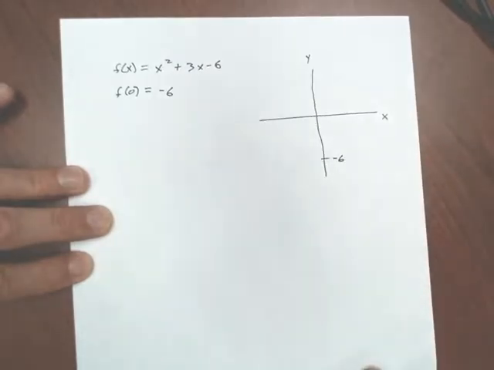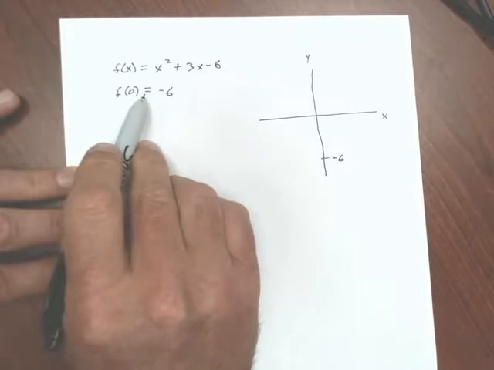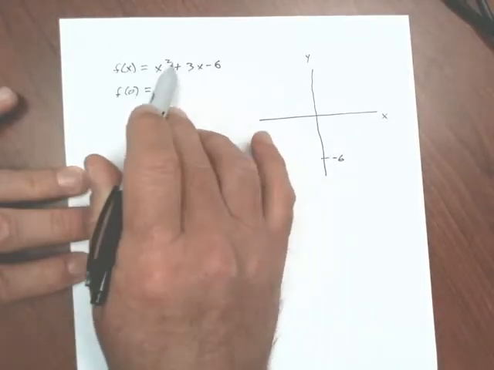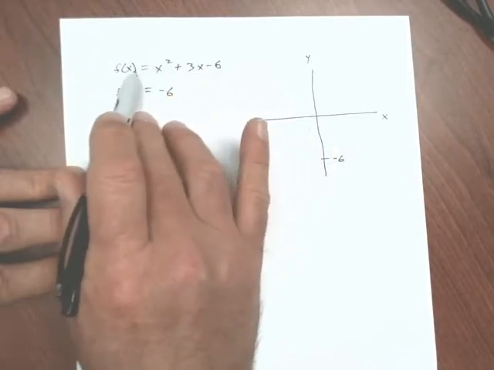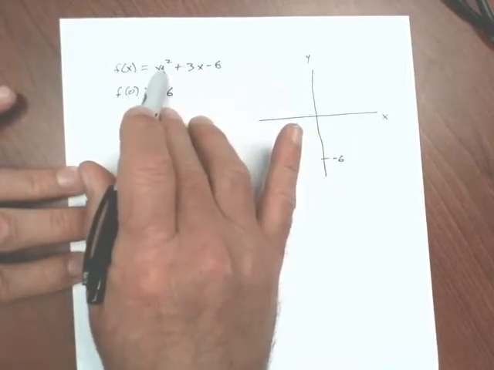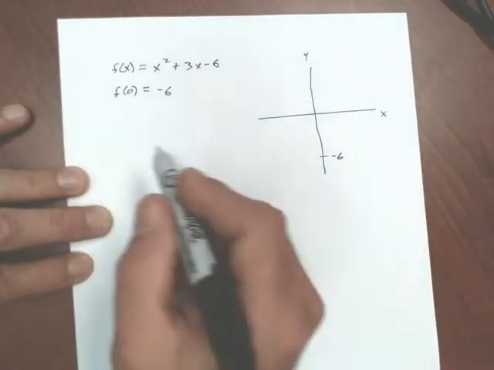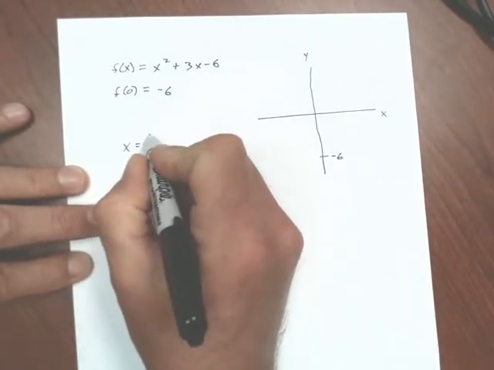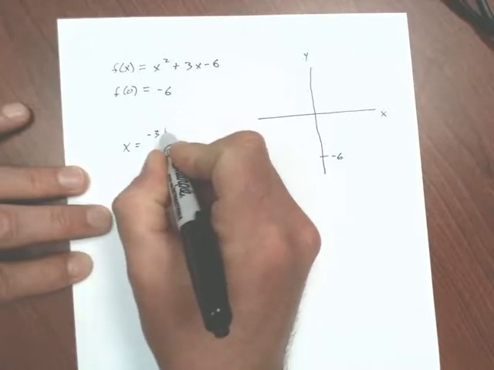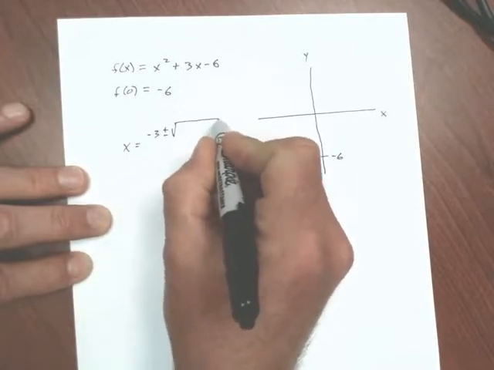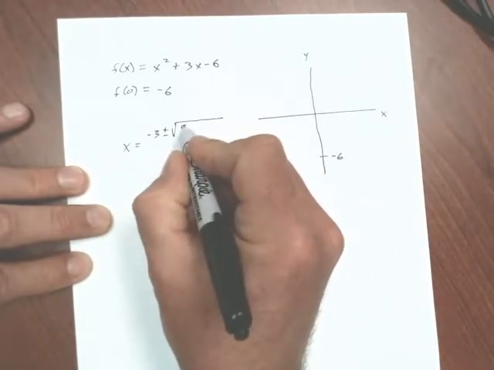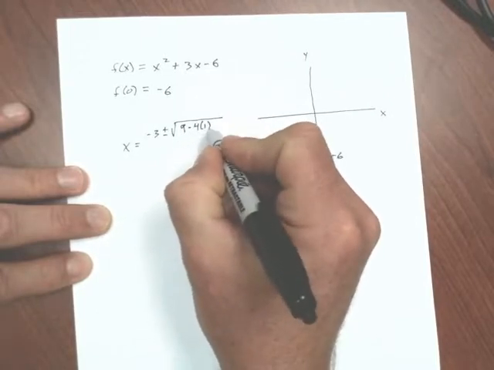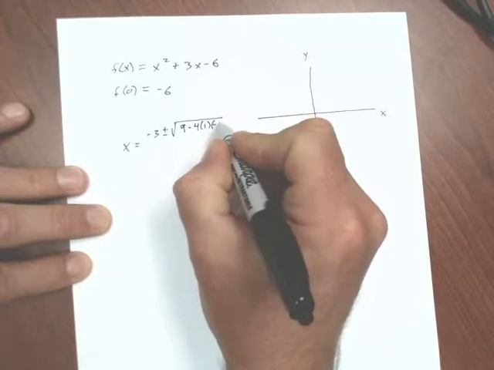Now, what happens when y is 0? Well, when y is 0, then we plug this quadratic function into the quadratic formula and solve for x. That gives us x equals negative 3 plus or minus the square root of 3 squared, which is 9, minus 4 times a, which is 1, times c, which is negative 6.